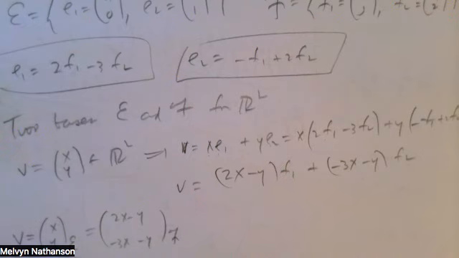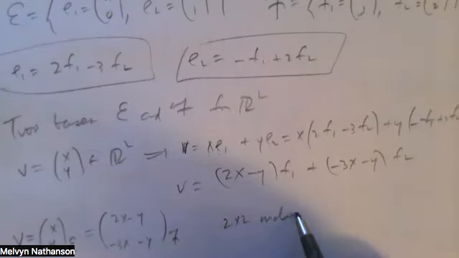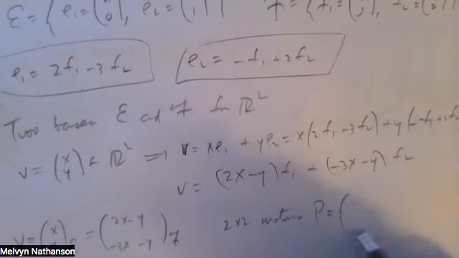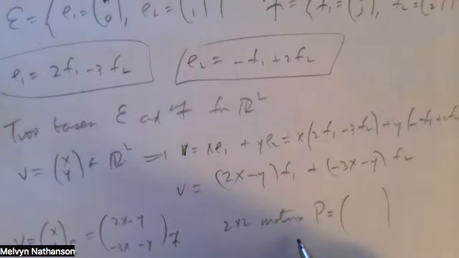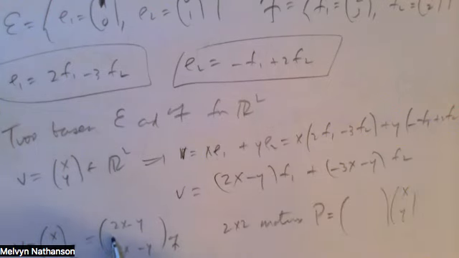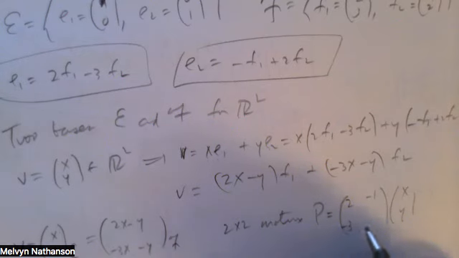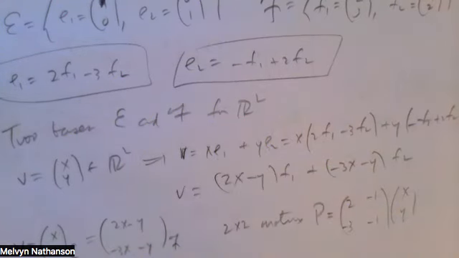We could write this relationship as a matrix. Suppose we consider the 2 by 2 matrix P, and I want P to have the property that applied to the vector xy, we get this vector, 2x minus y, minus 3x minus y. This has to be 2, minus 1, minus 3, minus 1.